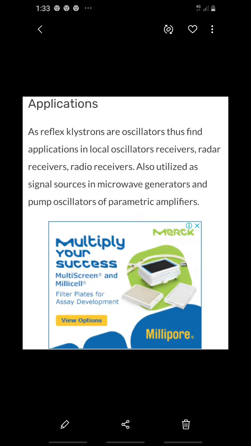The electrons E, ER and EL form a bunch. These bunches transfer maximum energy to the gap to get sustained oscillations.